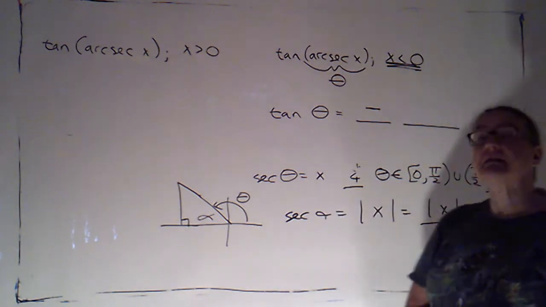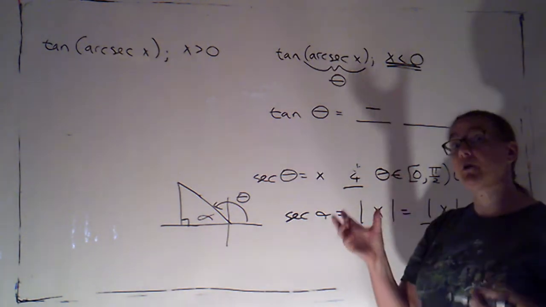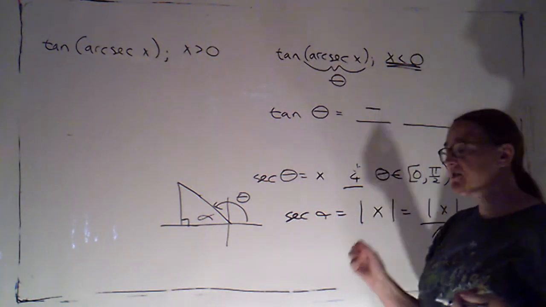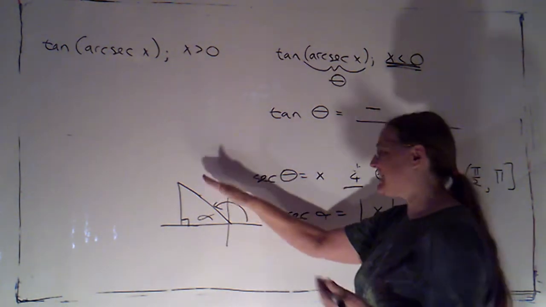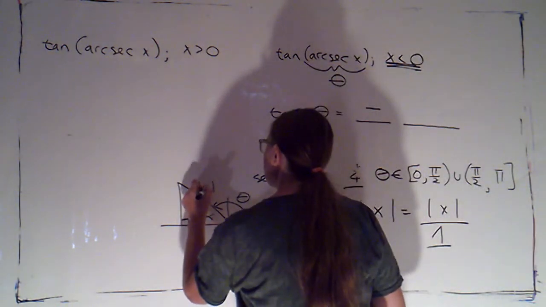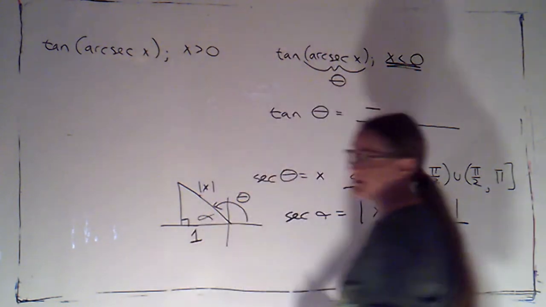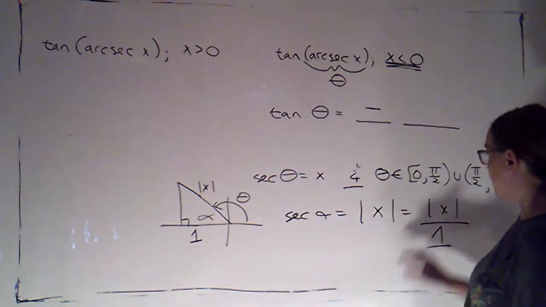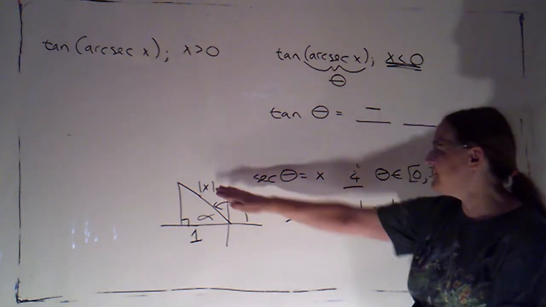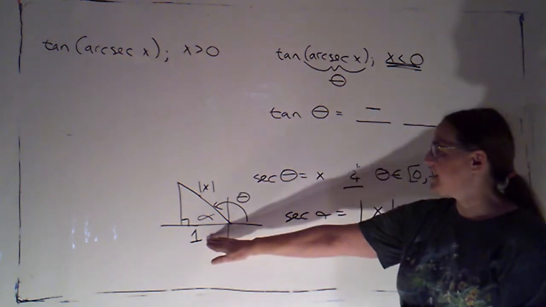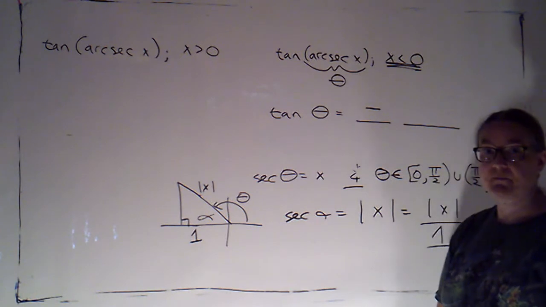Now secant is the reciprocal of cosine. Cosine would be adjacent over hypotenuse. So secant's going to be hypotenuse over adjacent. So I'm going to take the top of that trig ratio and make that the length of the hypotenuse. The bottom of the trig ratio becomes the length of the adjacent side.